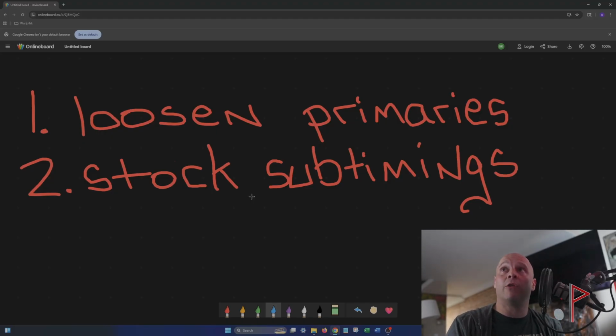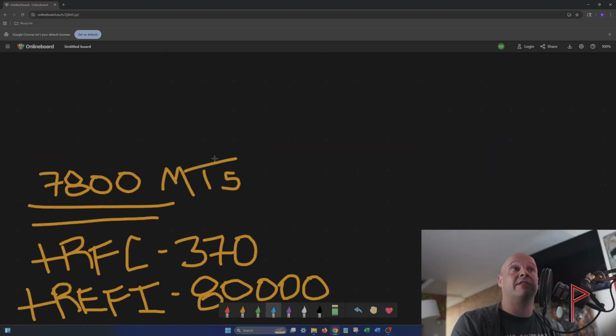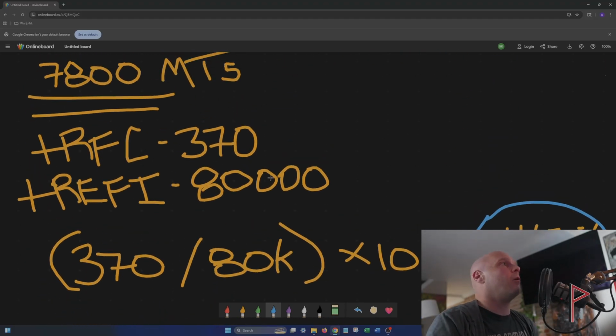So the first thing you do when you tick it up, say in this case from 7,800 megahertz to 8,000, you loosen your primaries and you make sure your subtimings are stock or auto values. You're not messing around with these just yet. You're just isolating for speed. But with this math, provided you do those two things, you can isolate for tRFC and tREFI as well. So the cell is spending a certain amount of time refreshing.